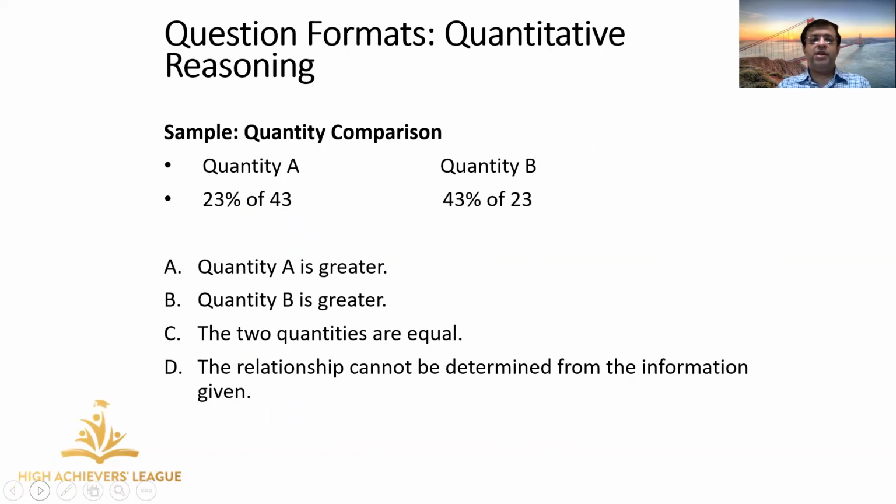Okay, now this is a quantitative comparison question in which you need to compare the two quantities. Now, before we look at this question, please note down when you need to select one of the four choices given.